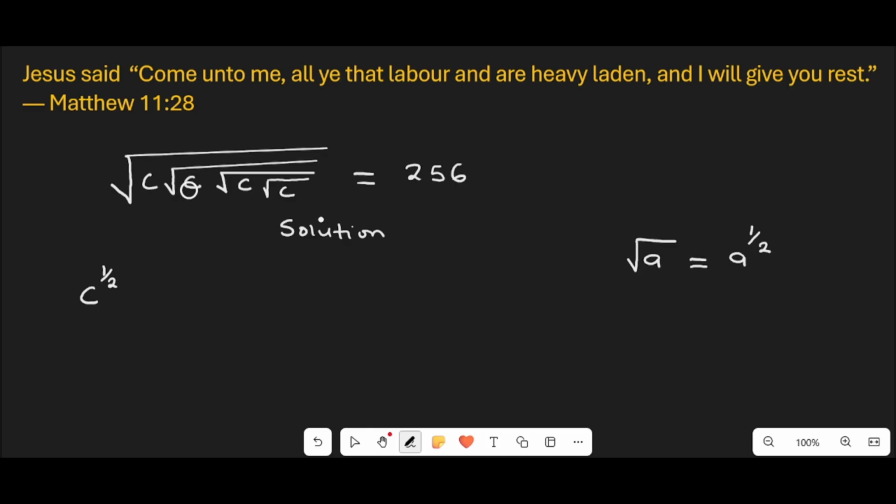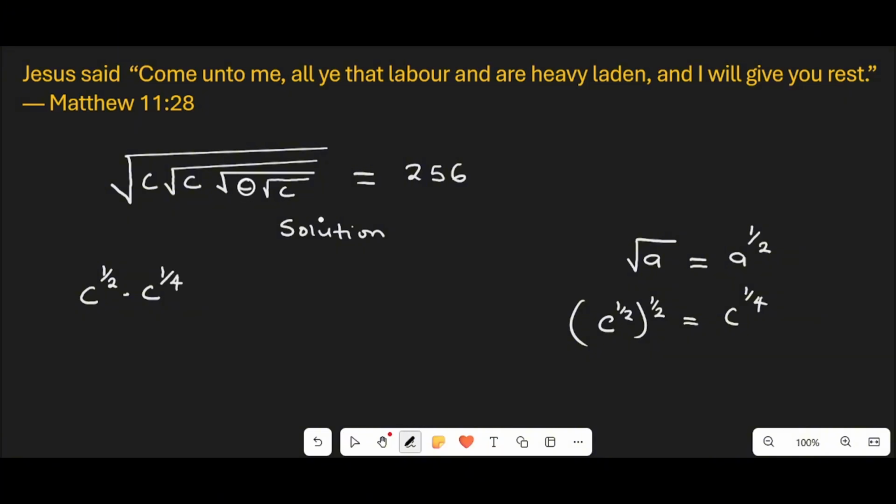But our second C here is under this root and this root, which means C raised to power half everything raised to power half, which can be written as C raised to power 1 over 4, because 1 over 2 multiplied by 1 over 2 will give us 1 over 4. So we can say multiply by C raised to power 1 over 4.